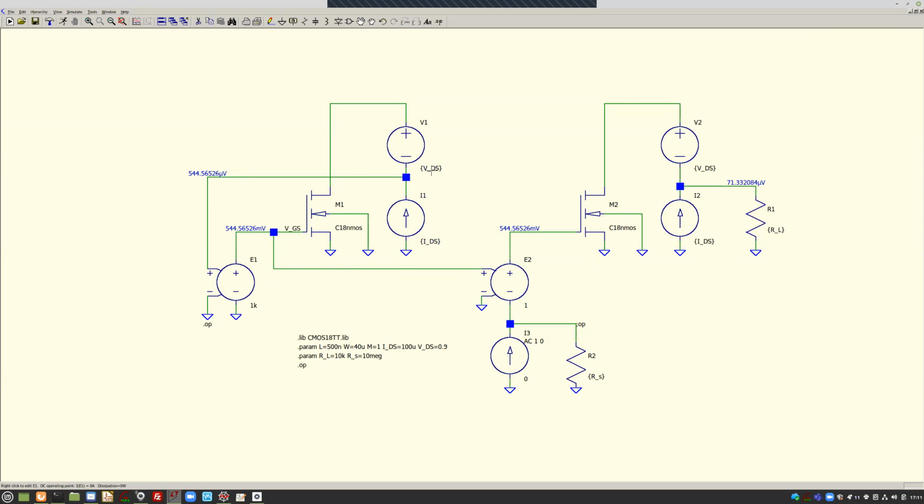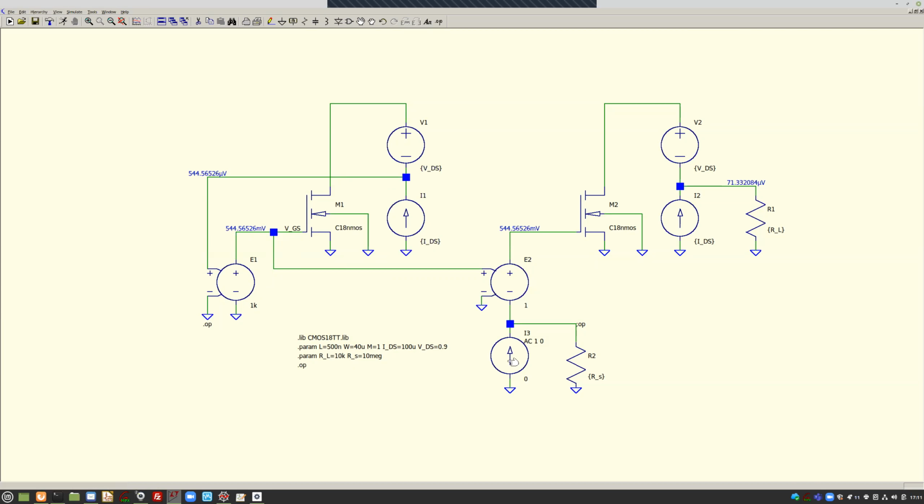This one is 1K, the gain. So this is quite nicely biased on 0. And this voltage is just copied to a voltage source here with a voltage controlled voltage source with gain unity. And this is the VGS.